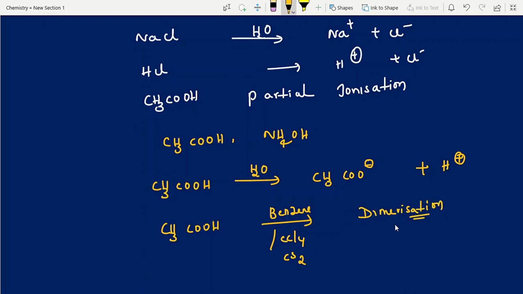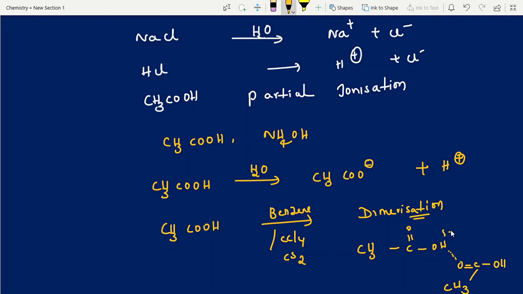See here, this CH3COOH, CH3, C double bond O, H. This one bonds with the other, like this.